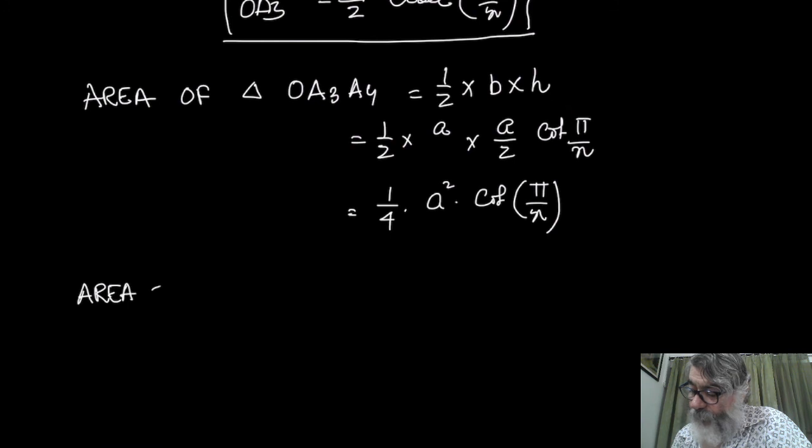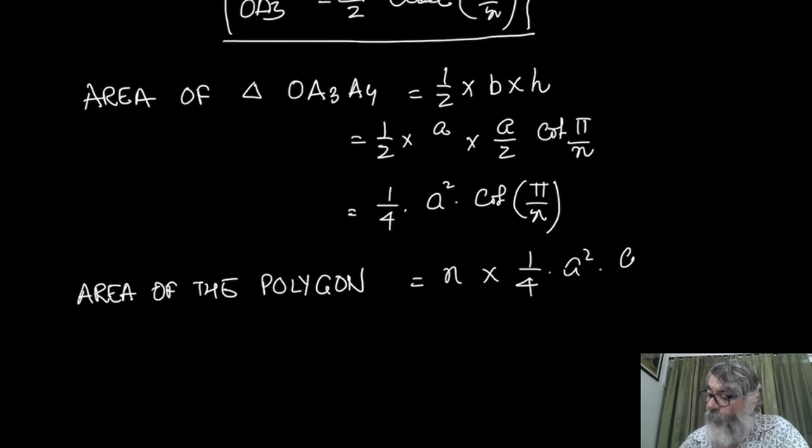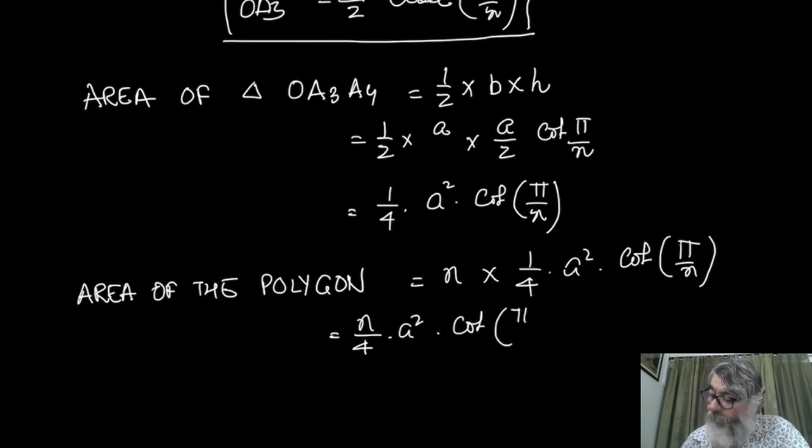But if I want to calculate the area of the polygon, I get, because this is the area of one triangle and there are n such triangles, n into 1 upon 4 A square cot pi by n, or n upon 4 A square cot pi by n.